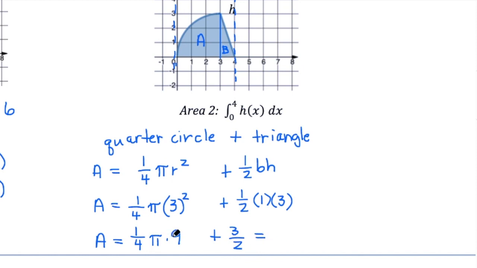Simplifying just a little bit here, 9 times 1/4 is going to be 9/4 pi plus 3/2. Now, if you wanted to, you should be able to pick up a calculator and get a decimal approximation for that. I'm not concerned about that. We'll just leave it in its exact value format. So this is the area of that shaded region, and the area of the shaded region is the value of the integral.